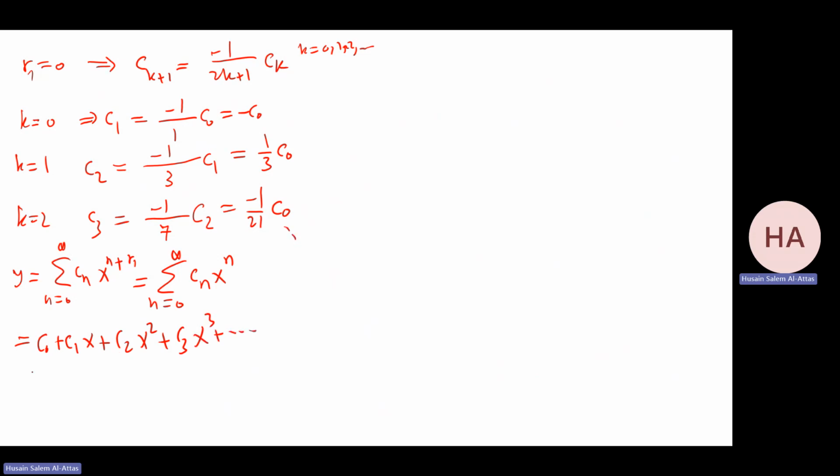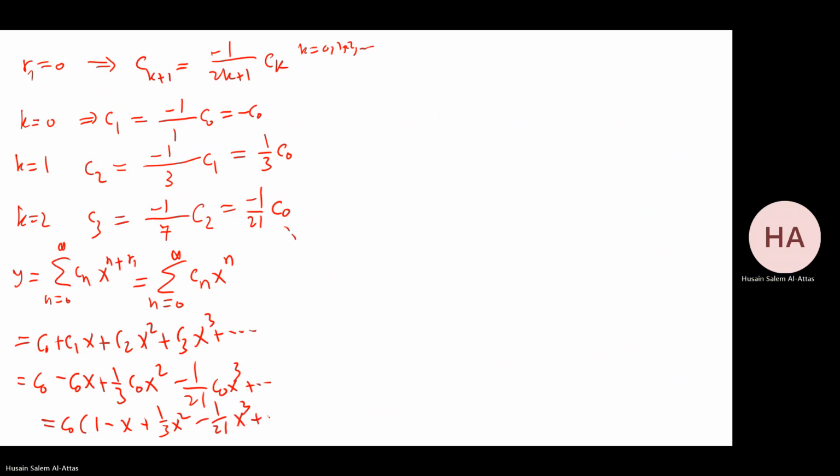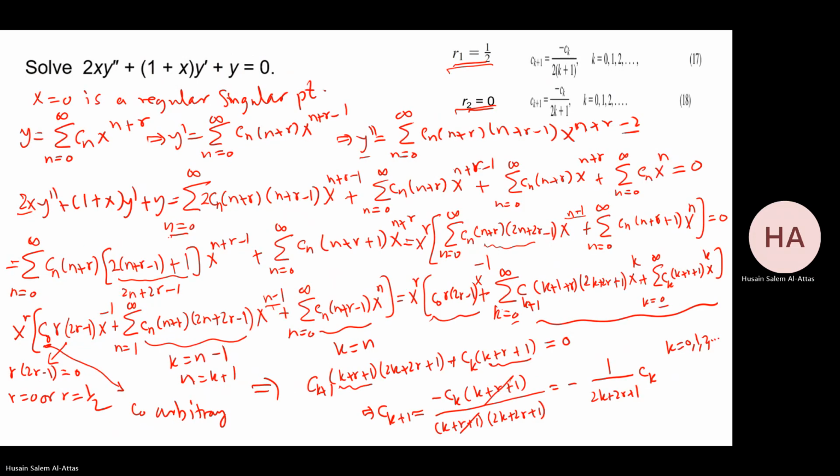You can continue, but I'm doing it only for a few terms. c1 is minus c0 x, c2 is 1 over 3 c0 x squared, and this is minus 1 over 21 c0 x cubed, and so on. So I can write c0 times (1 minus x plus 1 over 3 x squared minus ...), and this is my first solution, y1.